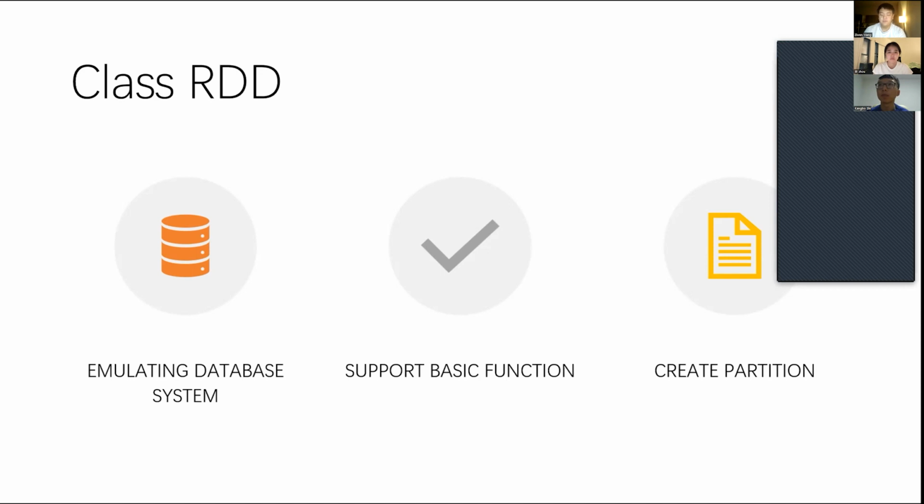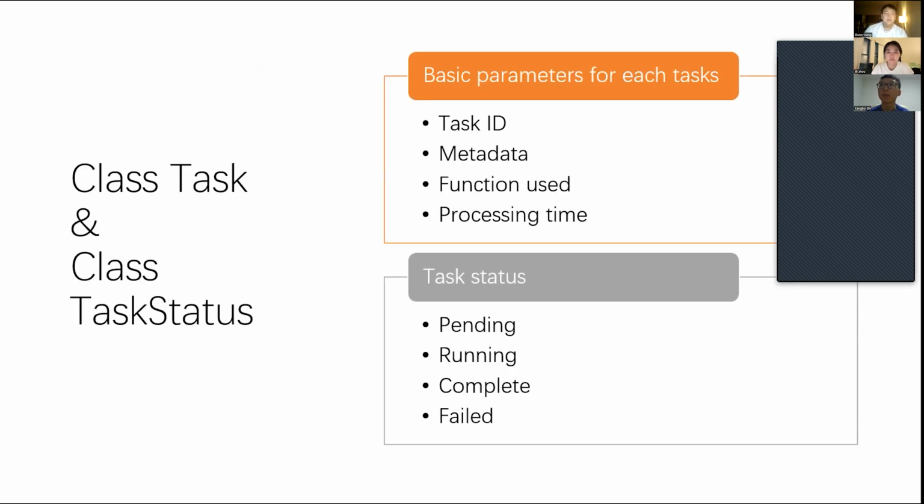for the processor. And for the task and task status, these 2 classes hold the basic information for each task, such as their metadata, and they have a unique task ID. And for each task, they also record the function each task used, and also their processing time, the submission time and the completion time.